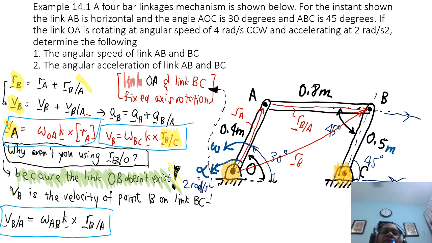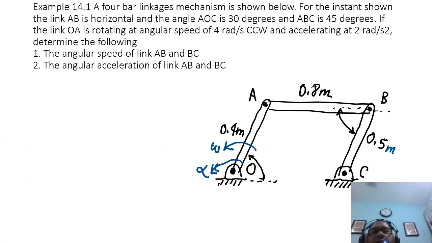In order to solve for omega, we need to find the position vector of each. So maybe we should use a different slide. Here is position vector A. We know this angle AOC is 30 degrees, and this angle is 45 degrees.